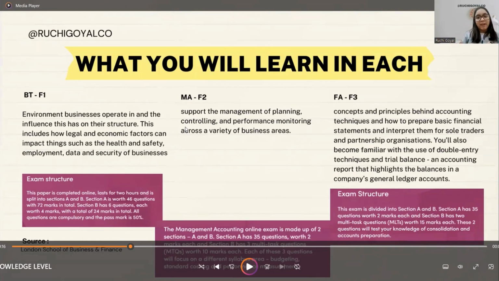Finally comes F3, that is financial accounting. This is the area based on your class 12, which consists of a lot of information that you must have done in class 12, which is your double entry, your trial balance, your P&L, your balance sheet. So you are very comfortable with the subject because you have studied accounting for the past 2 years.